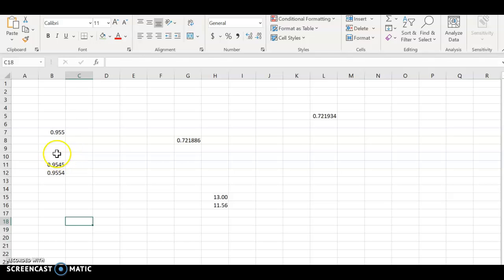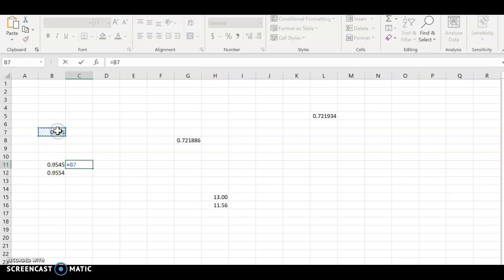So if you look at that, you see there's a difference of 0.005 here, and then this one is a difference of about the same.